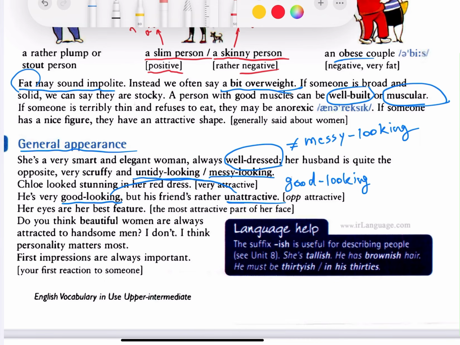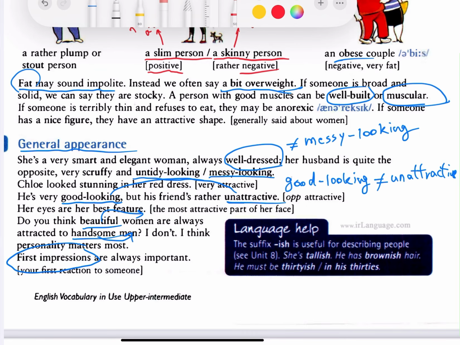Good looking means attractive, especially about the face, and unattractive is the opposite of good looking. Beautiful we usually use for women, and handsome we usually use for men.